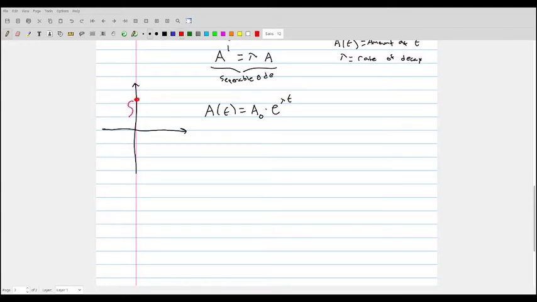It hits the initial condition, and then there's an exponentially shaped curve that is your solution curve.